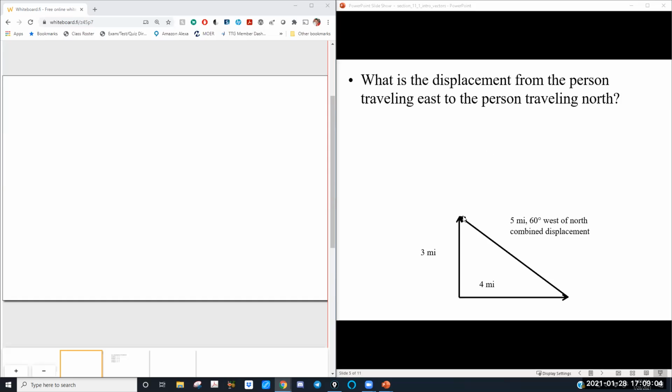That would be the vector from the person going east to the person going north. The opposite vector would have exactly the same magnitude, just in the opposite direction, 180 degrees. So it is not the same vector. We could call them parallel vectors, but they are not the same vector. They just happen to have the same magnitude.